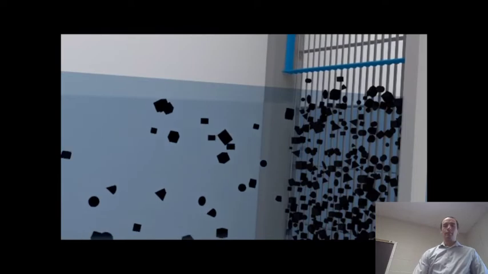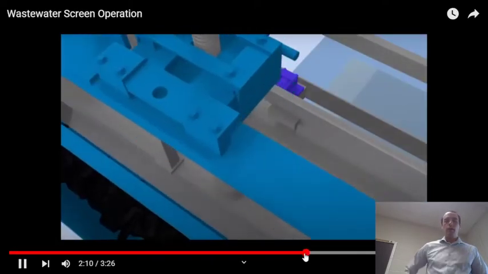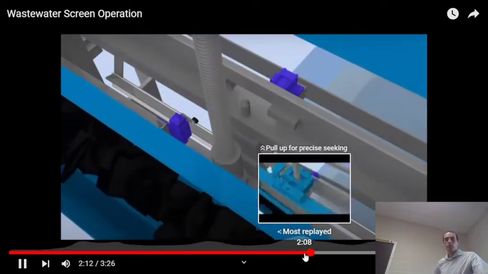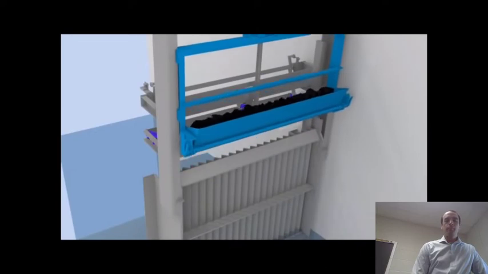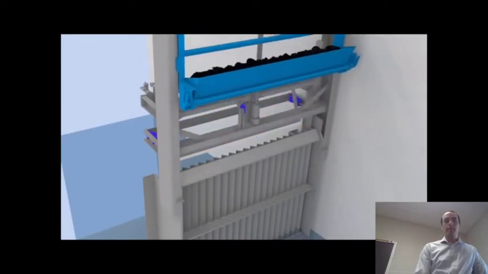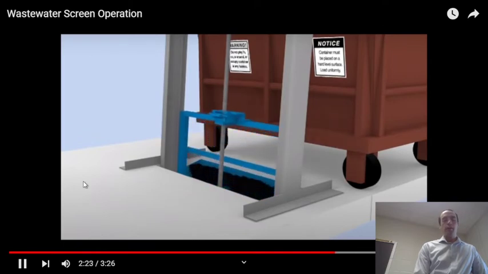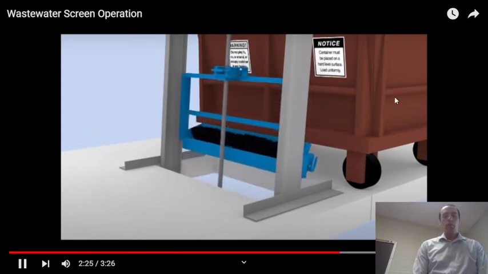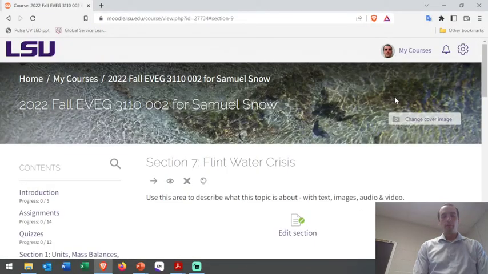So that things like this are very common. You see this one in particular is just continuing, showing you how it's operating and all that, and then ultimately that's collected into some sort of a garbage bin, right? So pretty typical there. Not much to speak of, but that's sort of the other part of primary treatment.